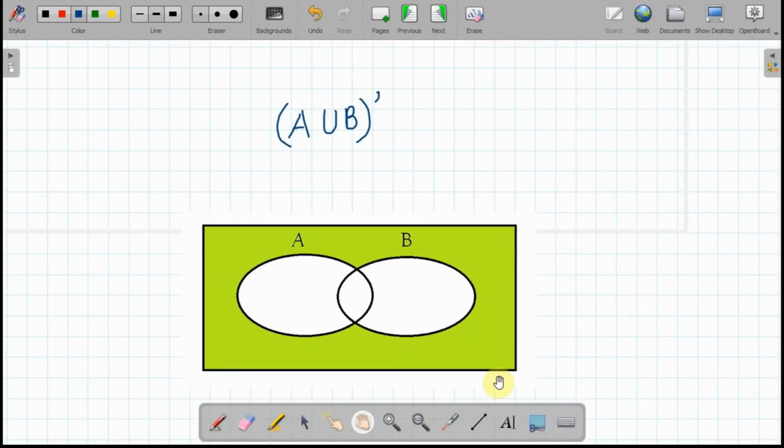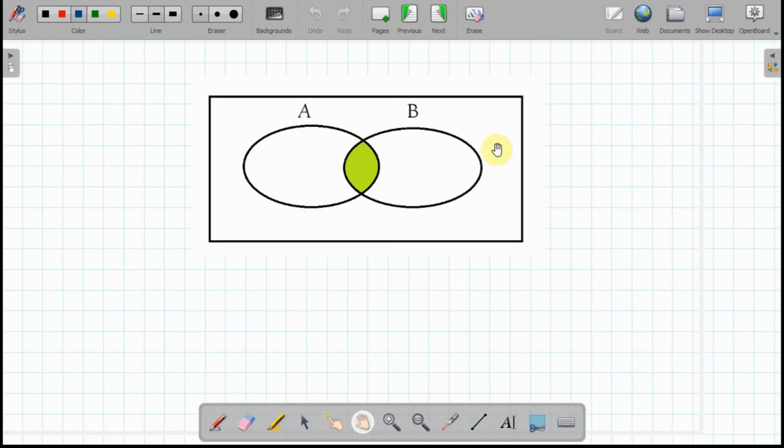That's what this would look like. It would be all of the outside shaded, because you're shading everything that is not part of the union. Okay, let's have a look at the next diagram. This is the intersection, A intersection B.